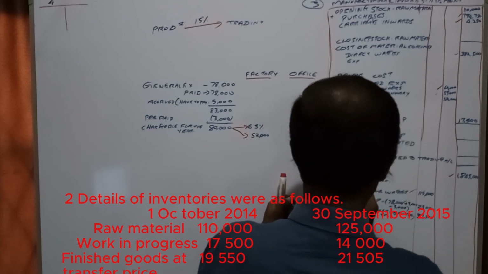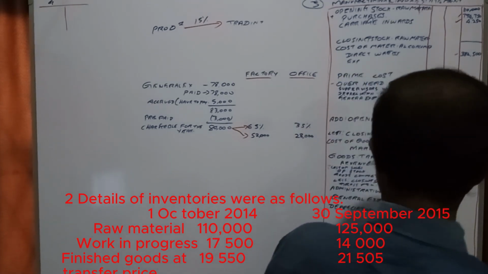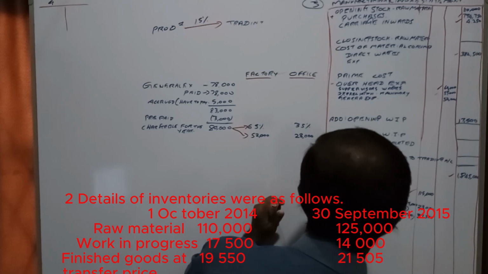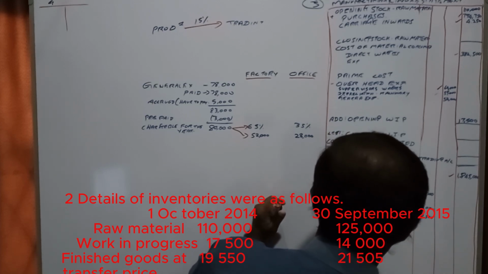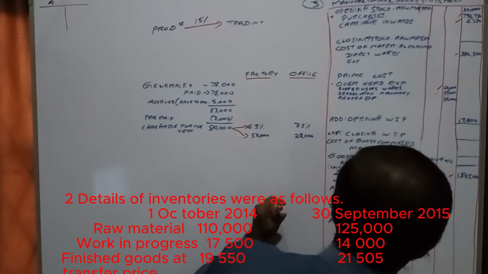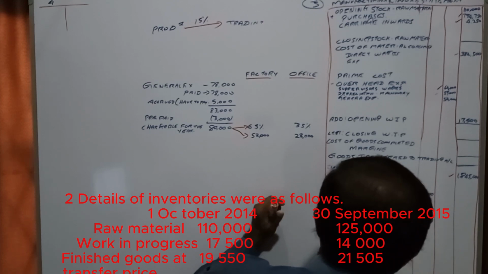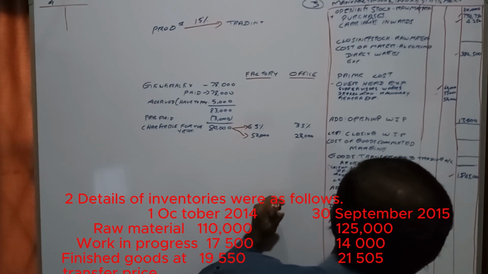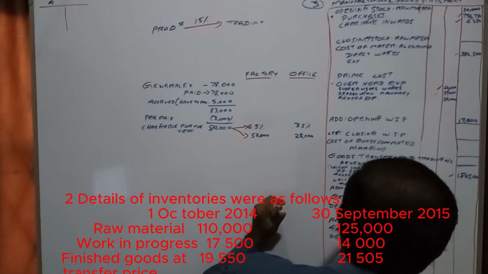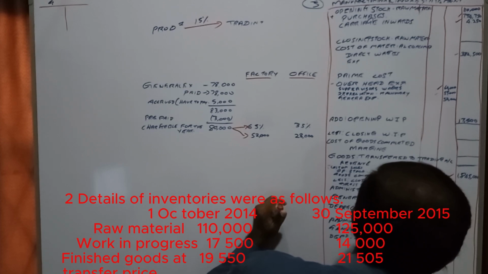This gives the gross profit. Then administration expenses: administrative wages, general expenses, and depreciation for office furniture, fixtures and fittings.